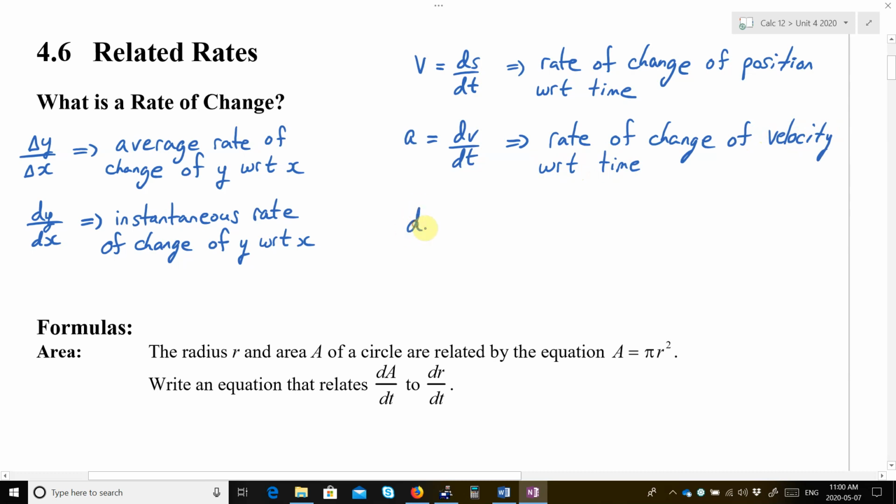Okay, and we can go a little bit further. We could use capital V to stand for volume. And this is dV by dt. This is the rate of change of volume with respect to time.